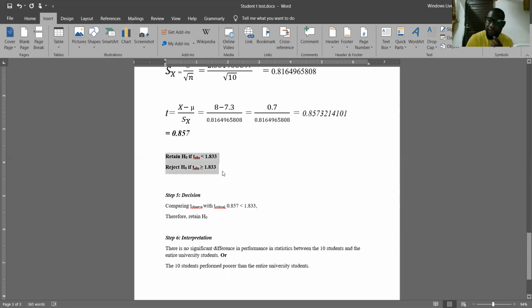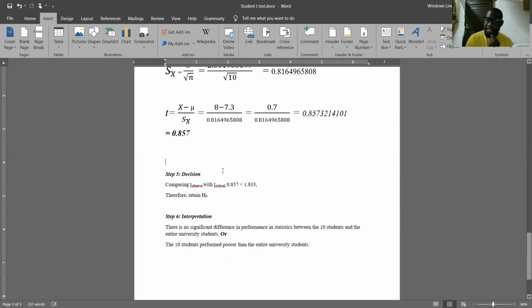So when you are able to decipher this, at step 5, this is how you put it into writing. Comparing your t observed with your t critical, where your t observed is 0.857, you can see your t observed is less than 1.833. Therefore, you have to retain H0. That's how you put it.